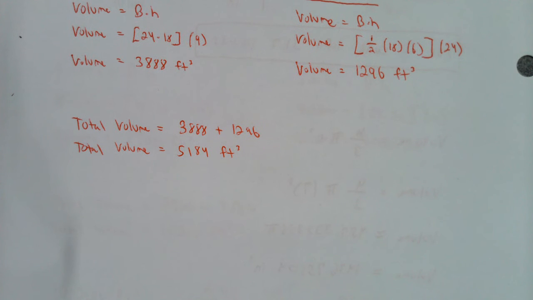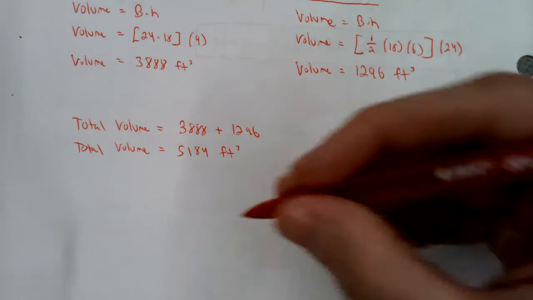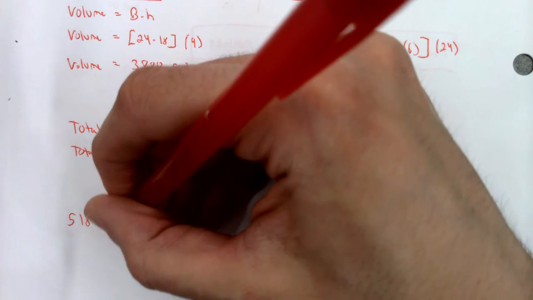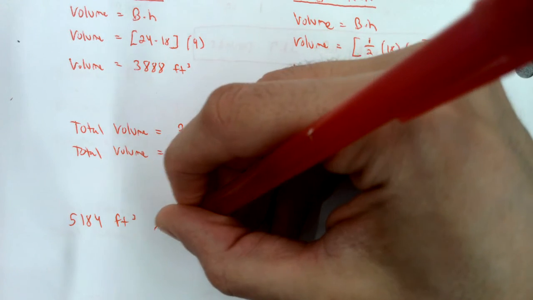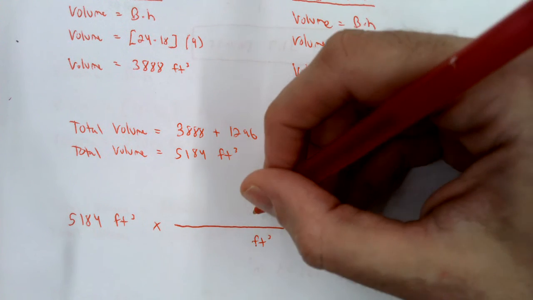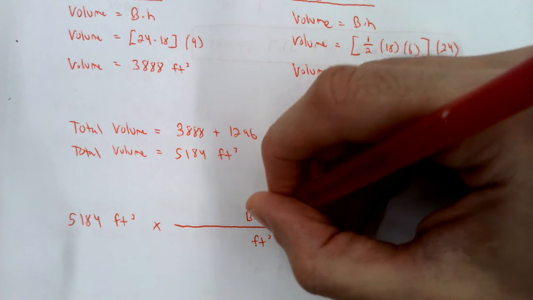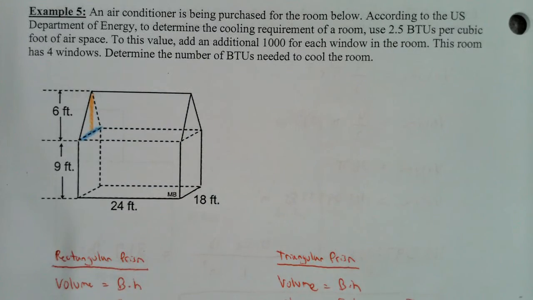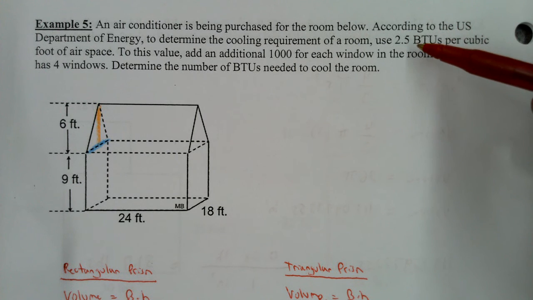Now what we're going to do is convert that into BTUs, because it's part of the problem. Okay, so we're going to convert 5,184 feet cubed into BTUs. It says in the problem, 2.5 BTUs per every cubic foot.